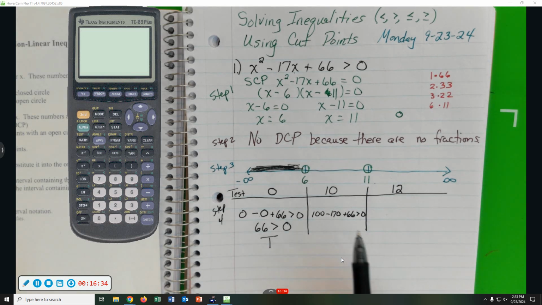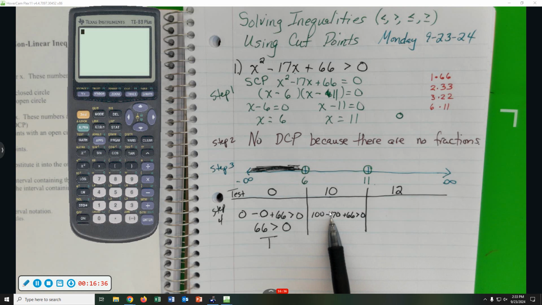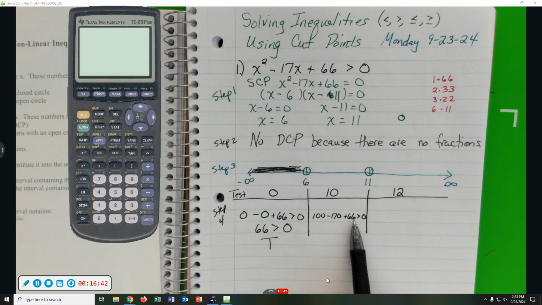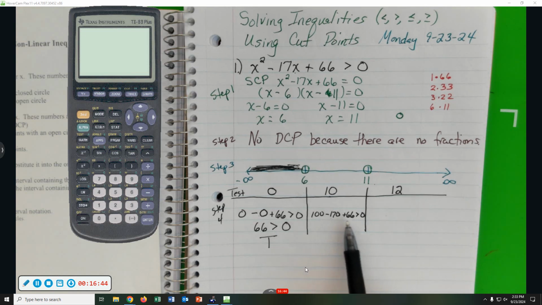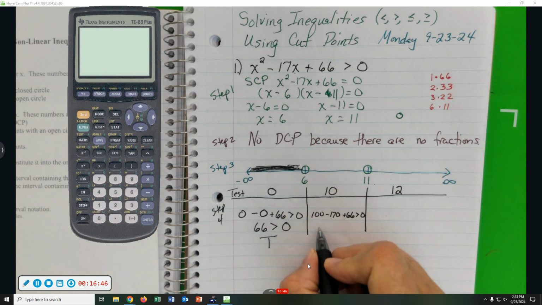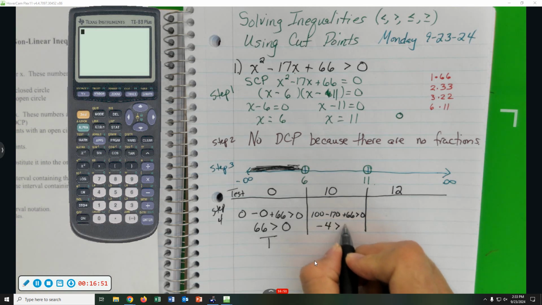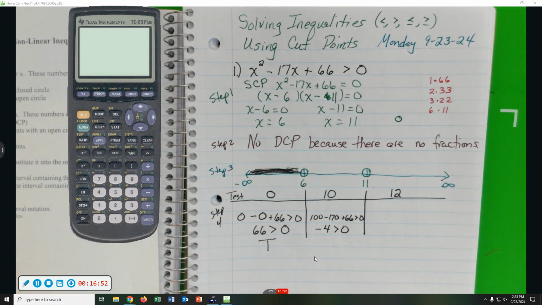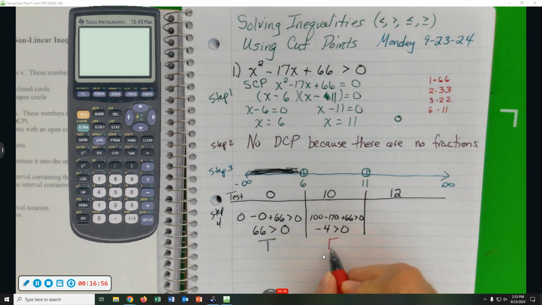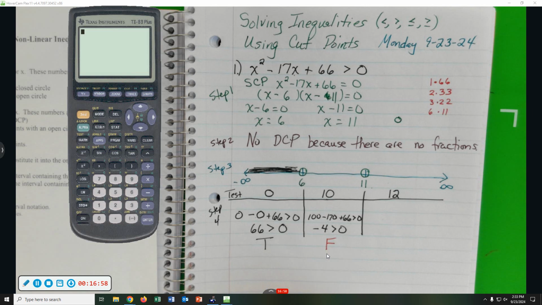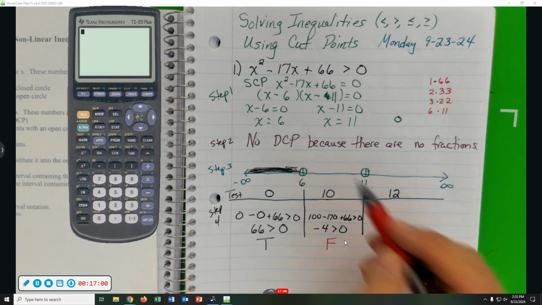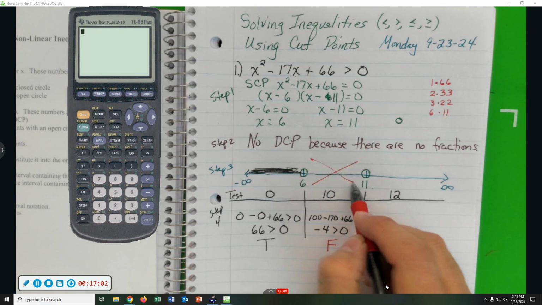So 100 minus 170 is a negative 70. Plus 66, negative 70 plus 66, is that a negative 4? What do y'all think about that? True or false? False. A negative number cannot be greater than 0. Cross it out.